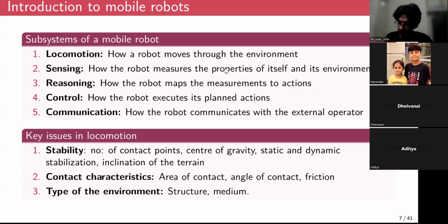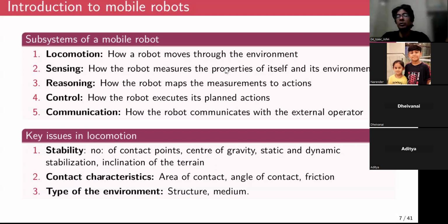And then the third subsystem is the reasoning subsystem: how the robot maps the measurements to actions. Whatever data it acquires from the sensors, it has to convert it into actions.